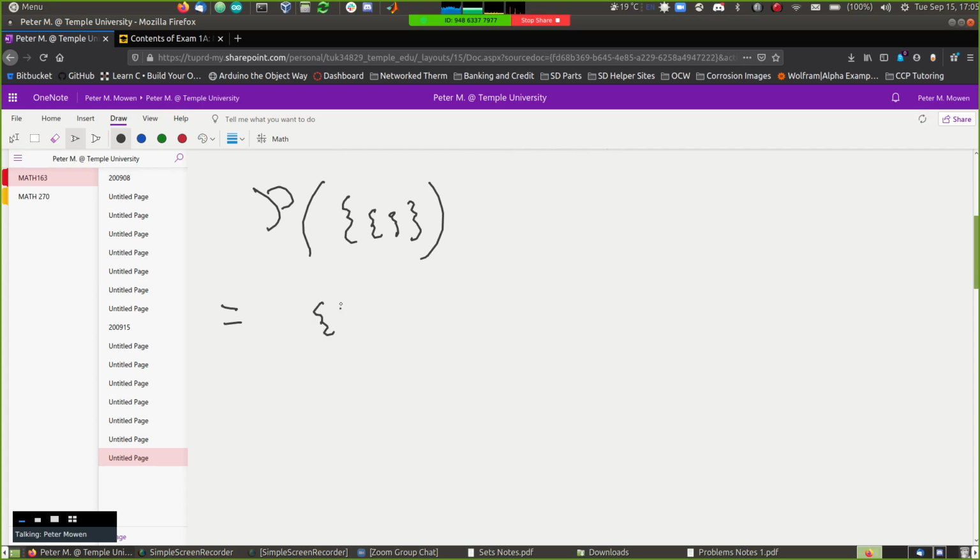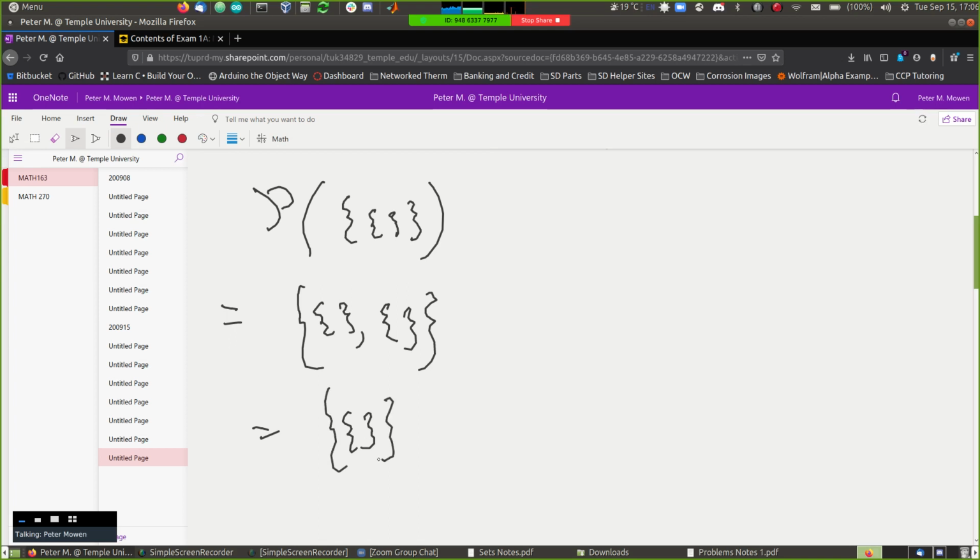Yeah, so the empty set is definitely in here. And then what's the other element? Yeah, you would just have the empty set again, right? Because the empty set's a subset, and then the other element is the empty set. But you've got the empty set in there twice, so that's just the set containing the empty set.